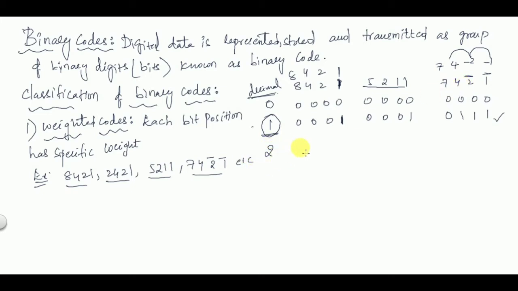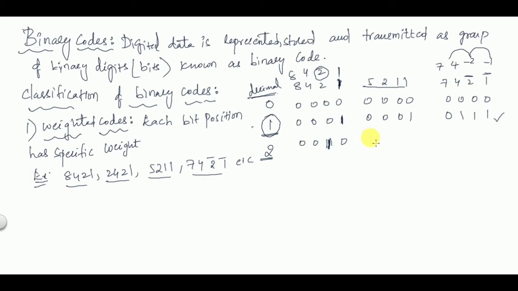Similarly, to represent 2, it will be 0 0 1 0, because 1 multiplied by the position weight 2 is 2 in decimal. To get the corresponding decimal number, you multiply the positions where you have 1 with their corresponding weights.